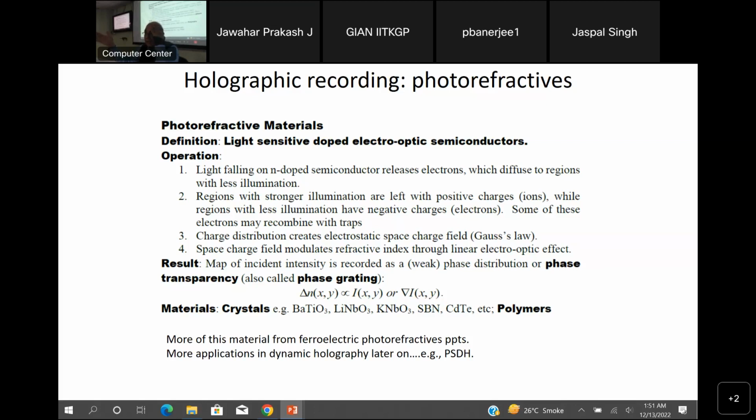So you shine light of the correct wavelength, then some of those electrons from those dopant centers, as they are called, will get into the conduction band. And when they get in the conduction band, they are free to move. They can move under the processes of drift and diffusion and so on. Those are the typical transport processes for electrons and holes in semiconductors.